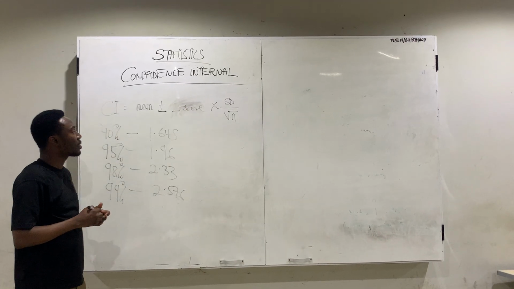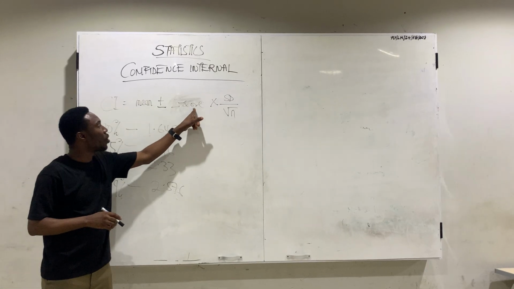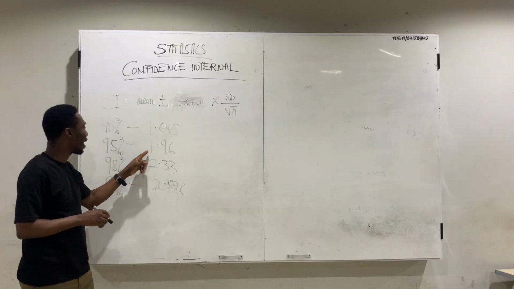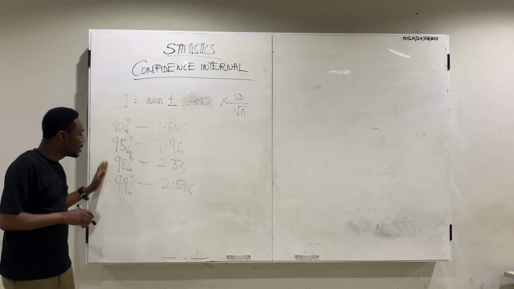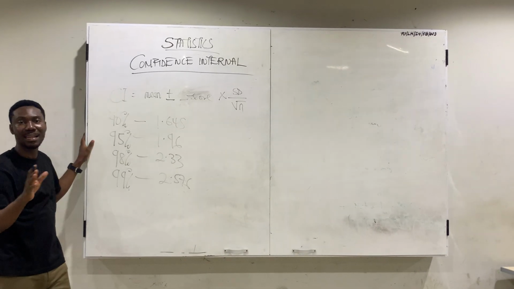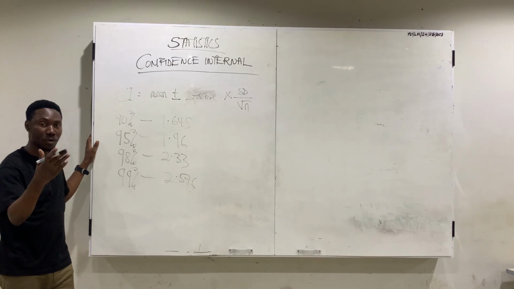So if the confidence level given to you in the question is 95, then when you are writing the formula, you can choose not to write the z-score, and write 1.96 there. It's very good that you memorize this. It makes statistical calculations very easy, as a student and also as a statistician.